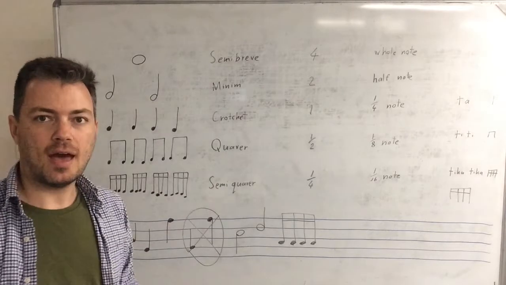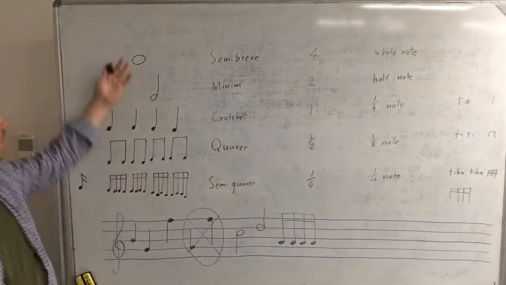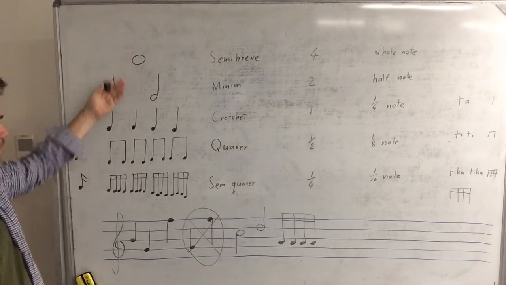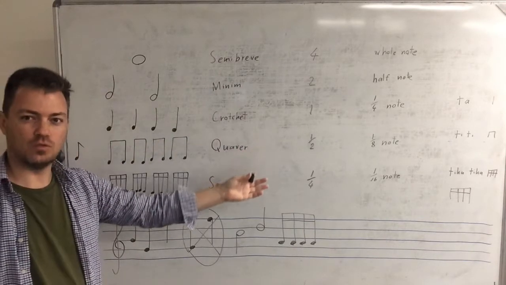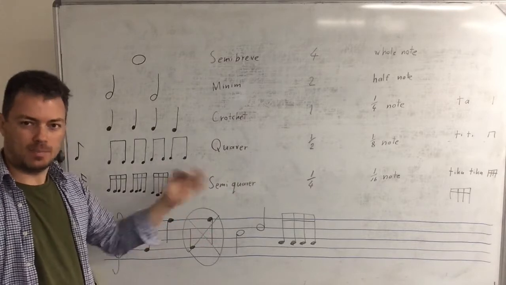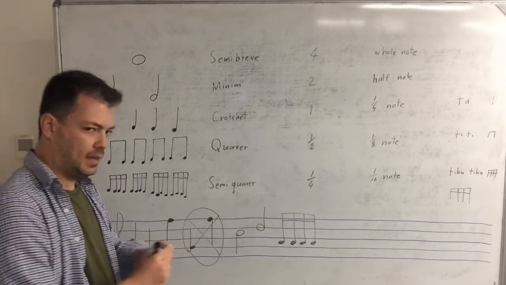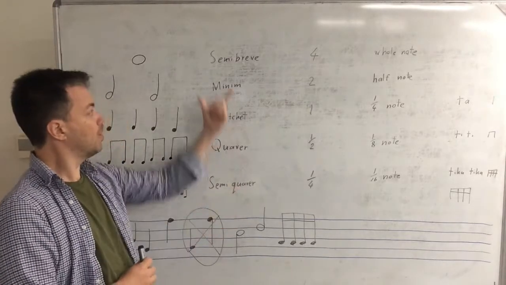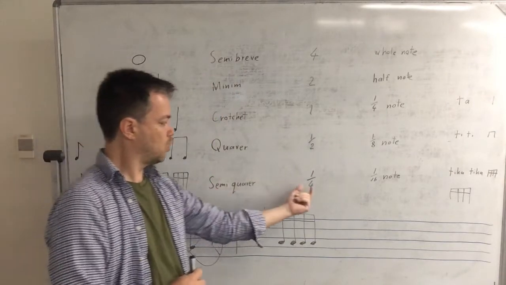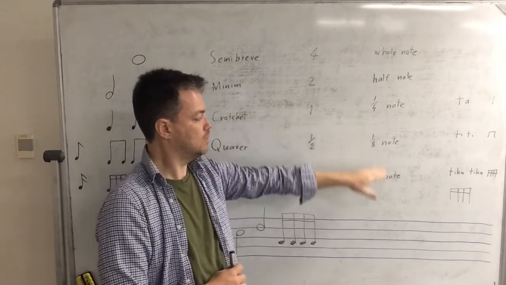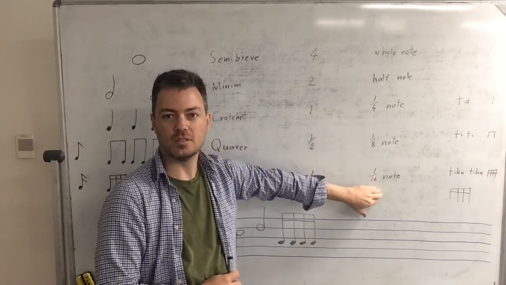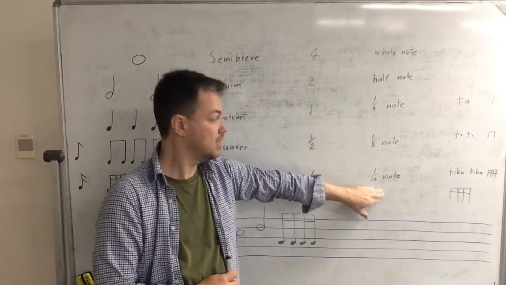So just to recap, we've just gone through the different types of notes, and their different names, and they get referred to in many different ways. Here we're mostly going to call them by these names, and we're going to talk about how many beats they're worth. We do need to know this, and I forgot to say before, there's a reason we need to know these names.